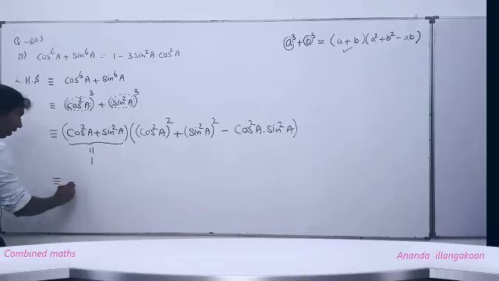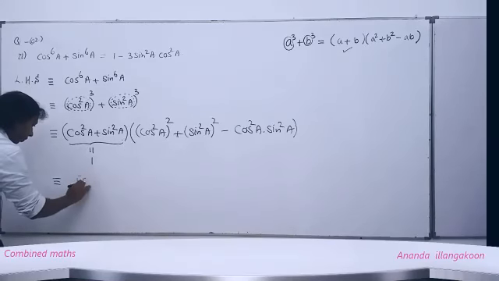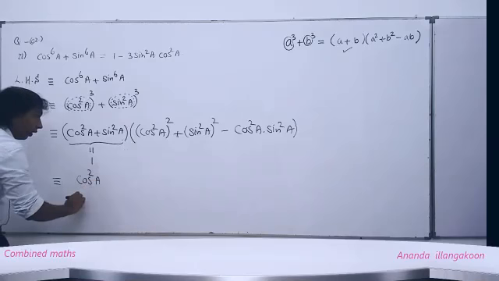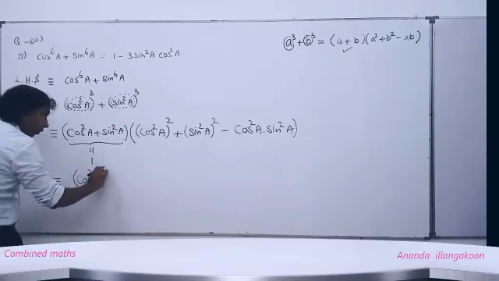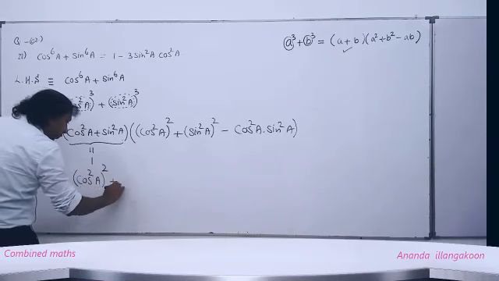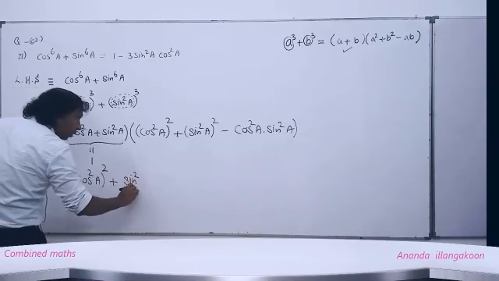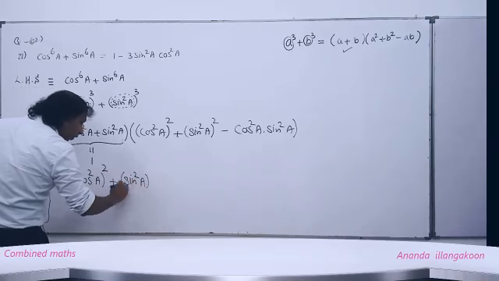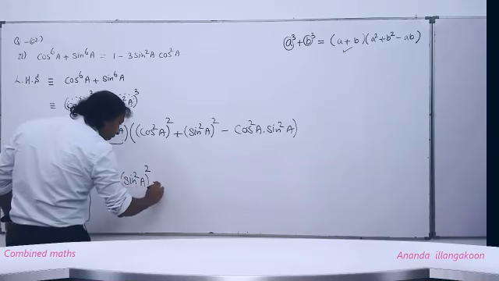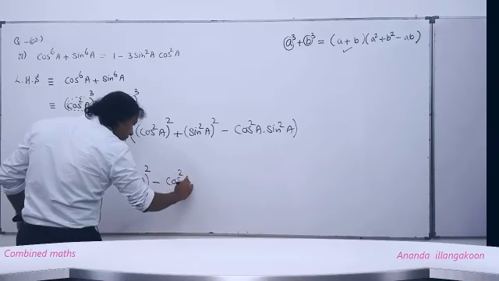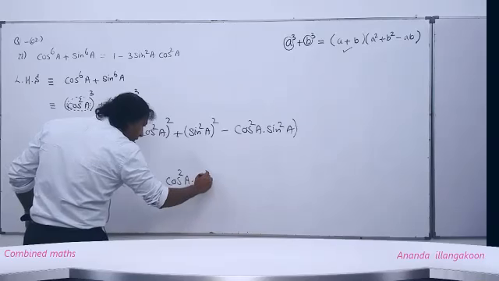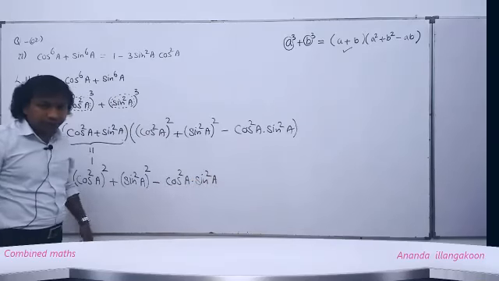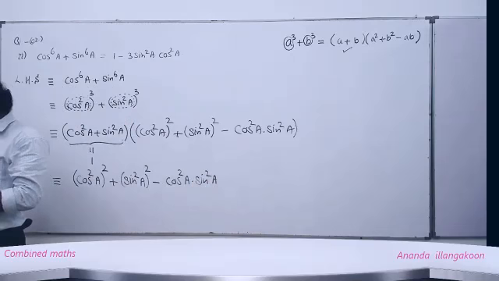Right. So then what we have is this: cos squared A to the power 2 plus sin squared A to the power 2 minus cos squared A sin squared A.